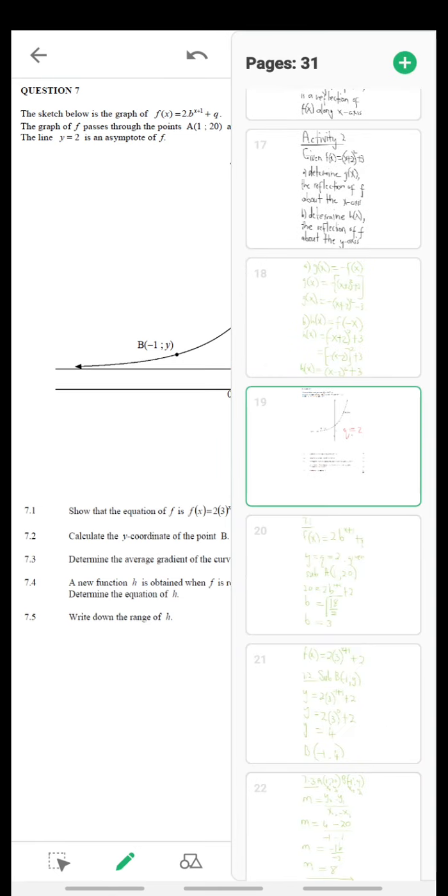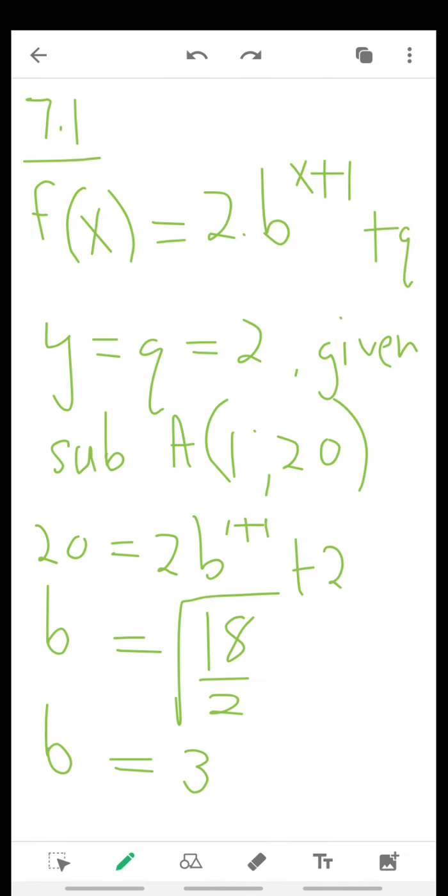Okay, so f of x equals 2 times b to the power x plus 1 plus q, but remember q is 2. So that means now I'll have to substitute point A, and after substituting point A, remember 1 is x, 20 is y. That means I found b as a 3.